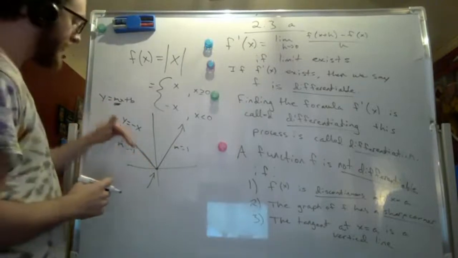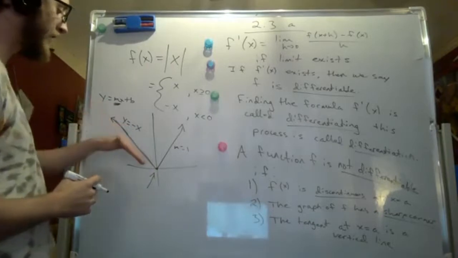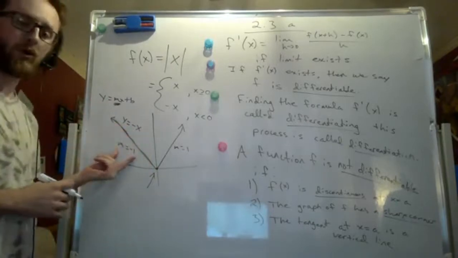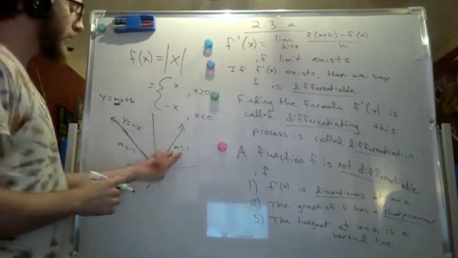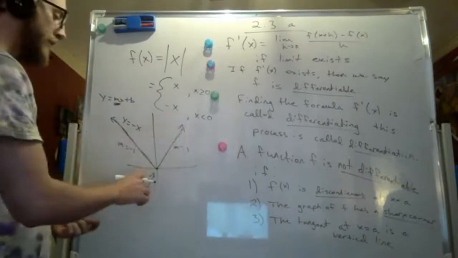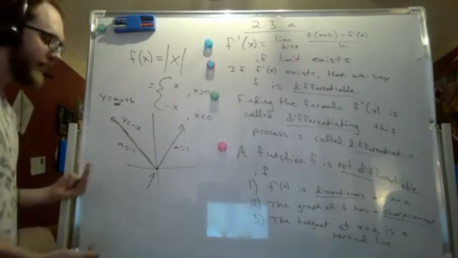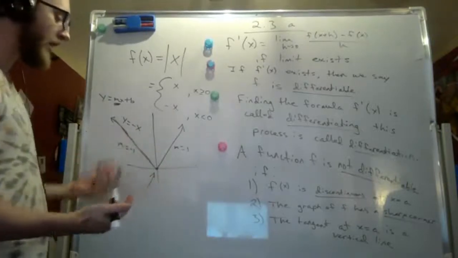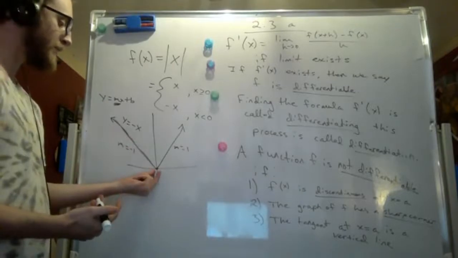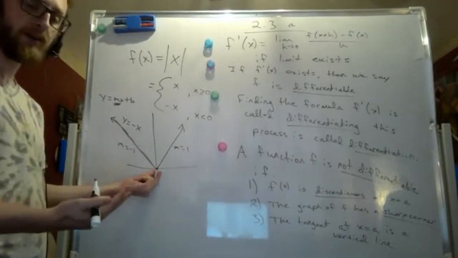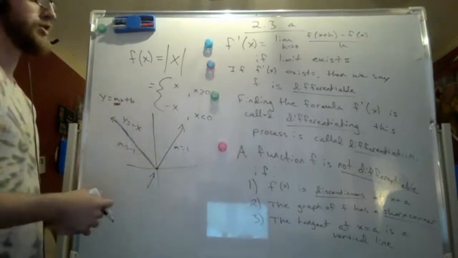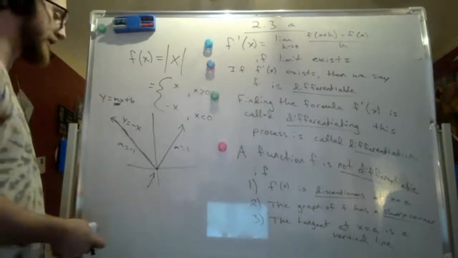So from the left-hand limit, the slope, the derivative, is -1, whereas from the right side, the slope is 1 for the right-hand limit. The left-hand limit and the right-hand limit do not agree. They're giving you two different answers. And so the limit at this point, the slope at this point, does not exist. And so it is not differentiable, and the derivative does not exist.